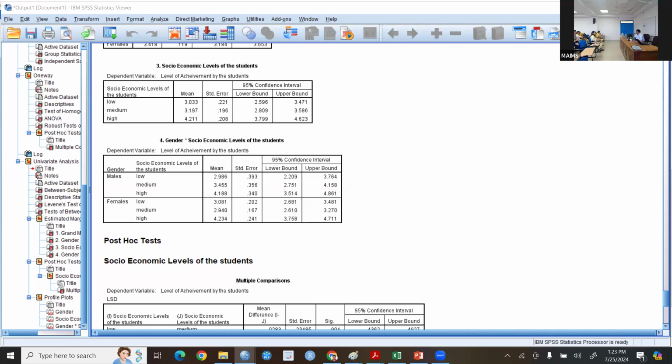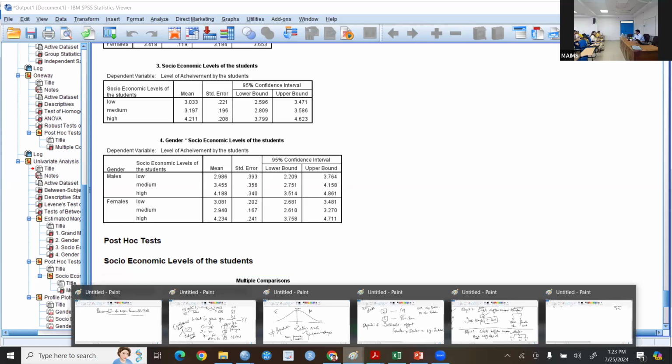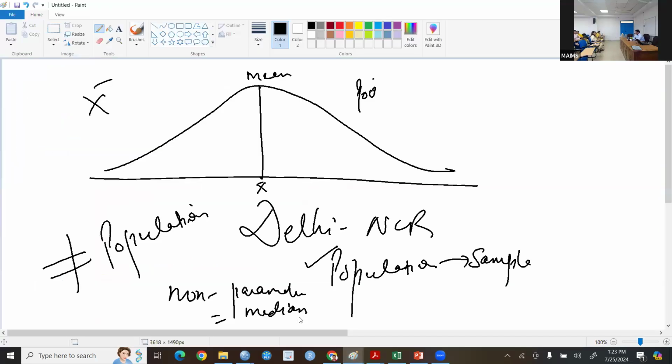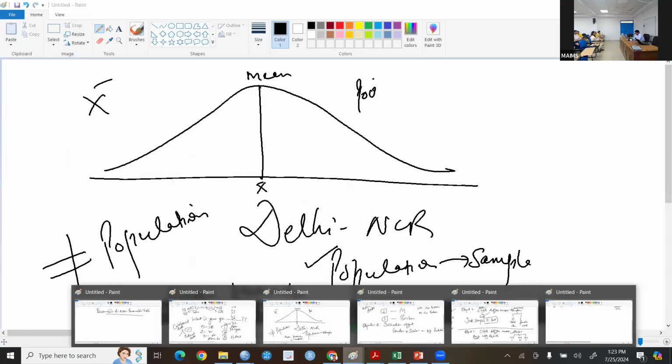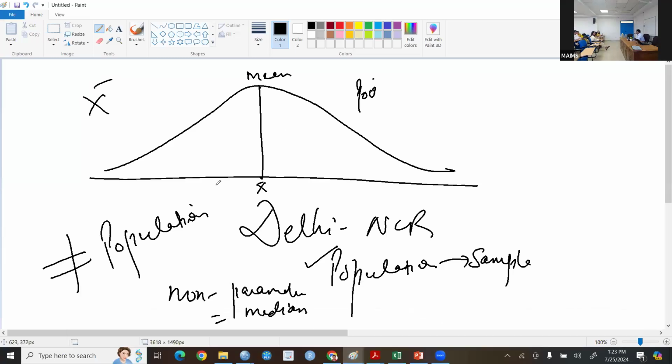95% confidence interval, what is lower bound and upper bound? Okay, Rupal, just have a look at the screen. Look at this graph. -1 standard deviation, -2 standard deviation, -3 standard deviation, +1, +2 standard deviation, +3 standard deviation. I said alpha is 5%.